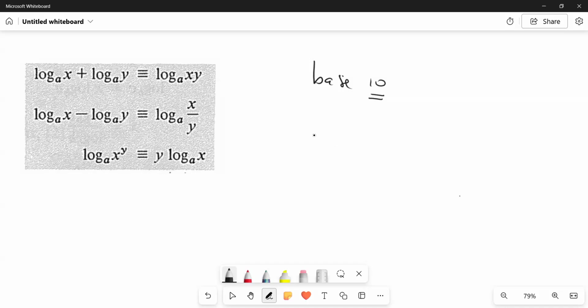Like if you have your calculator, it should have LG somewhere. Do you see this? LG or LOG? You can type in the logarithm of 3, the logarithm of 4. As I said, most calculators will have LG, some would have LOG.